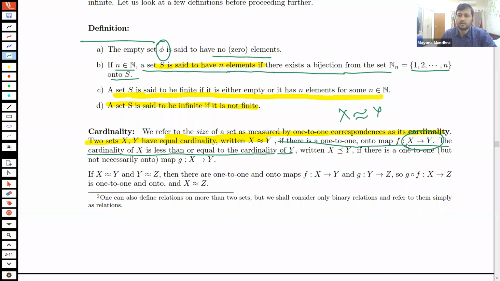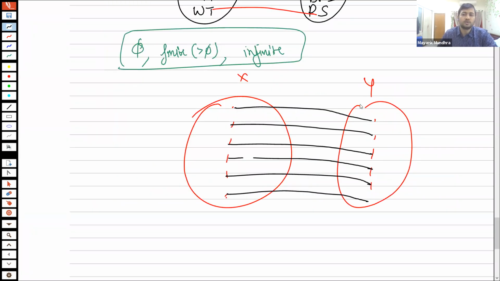So when you have a one-to-one and onto map, suppose you have a mapping f which is both one-to-one and onto, which is basically a bijection, then you know that the number of elements here has to be exactly equal to the number of elements here.